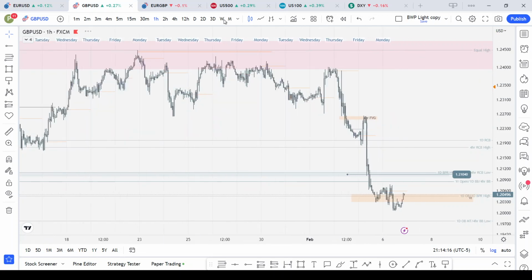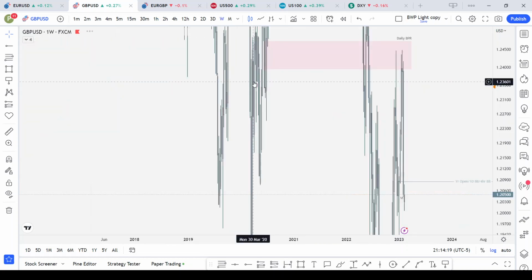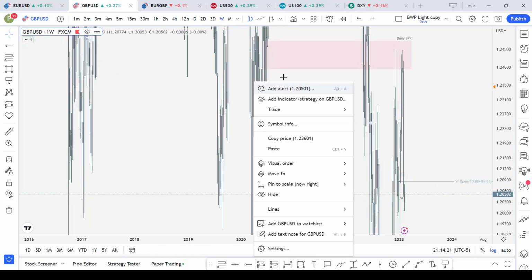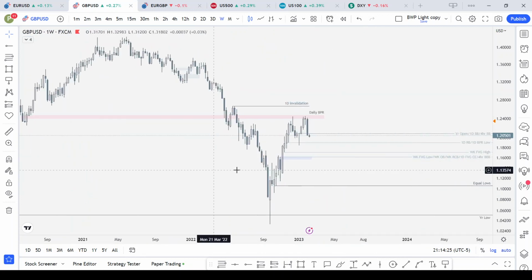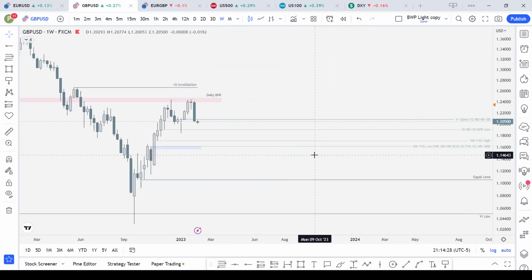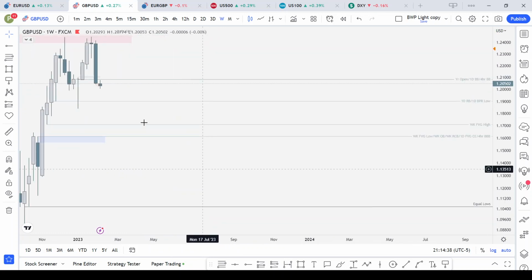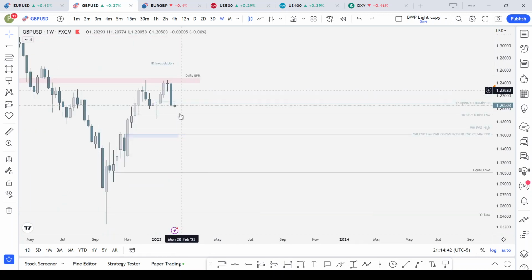Let's go to the weekly time frame. When I'm looking at the weekly candle, the first thing I ask myself is: is this candle likely going to expand to the upside or to the downside? We can see from here that, in my opinion, it is more likely going to expand to the downside, because we have a fair value gap here, and a fair value gap here.